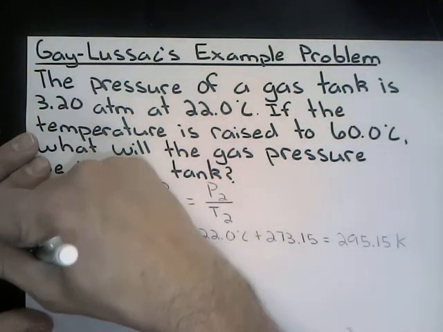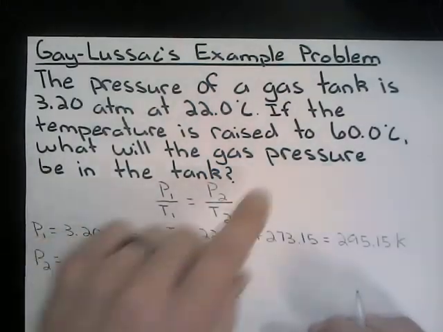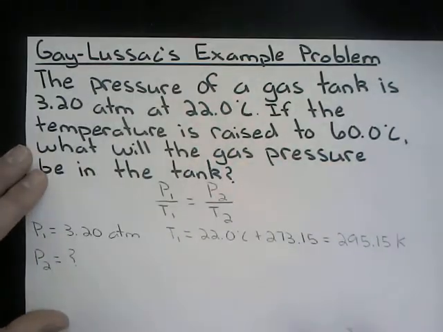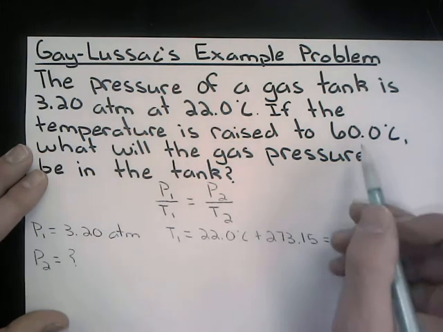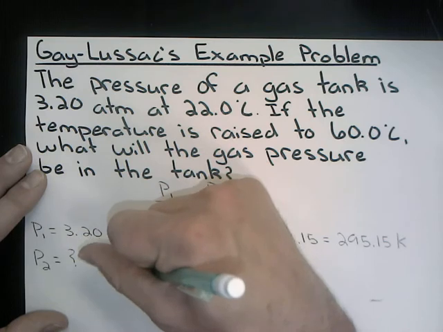Now, our second pressure here is our unknown. We want to know what the gas pressure will be. Okay? And then our second temperature, this gas tank is raised to 60 degrees Celsius.